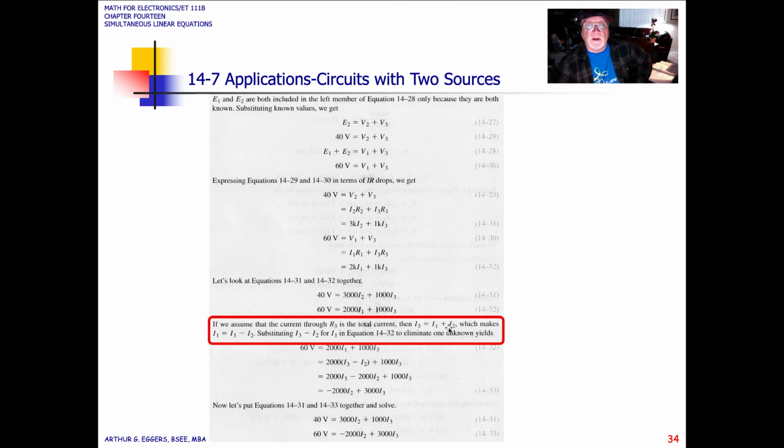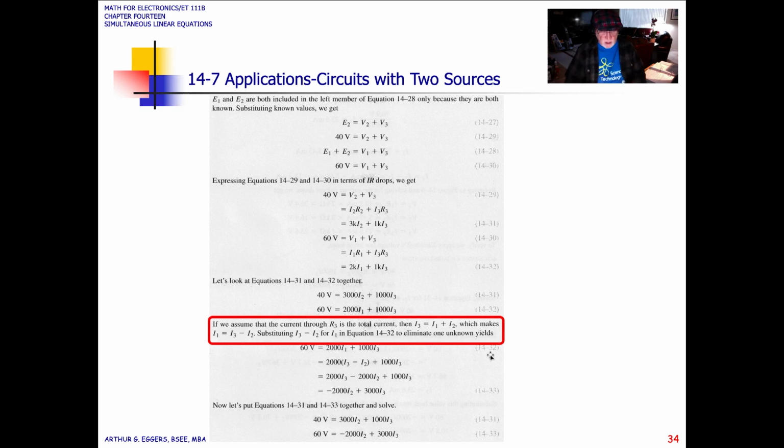So if we assume that the current through R3 is the total current, I3 is equal to the sum of I1 plus I2, which makes I1 equal to the difference then of I3 minus I2. Substituting for current I1 in equation 1432, we can eliminate one of the unknowns.